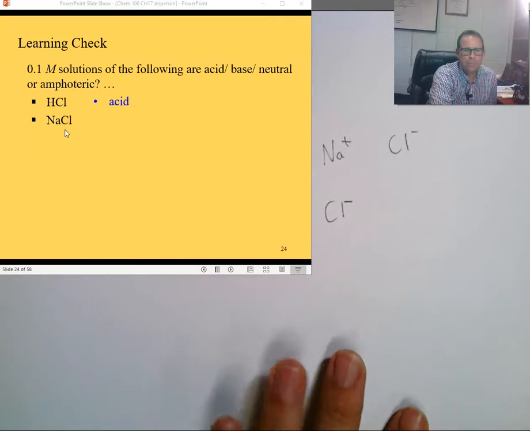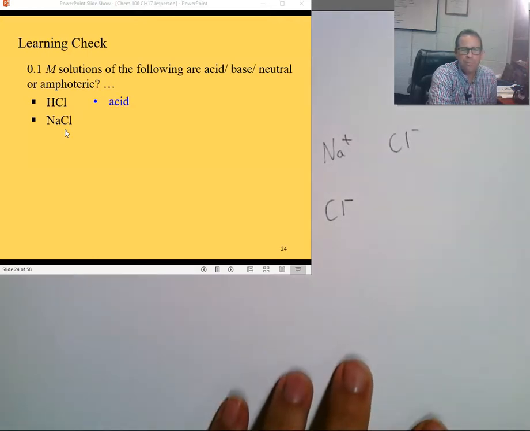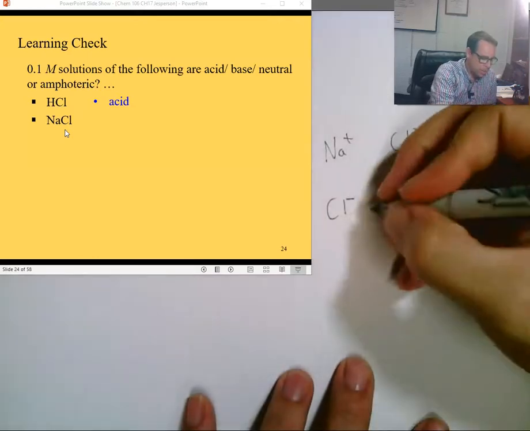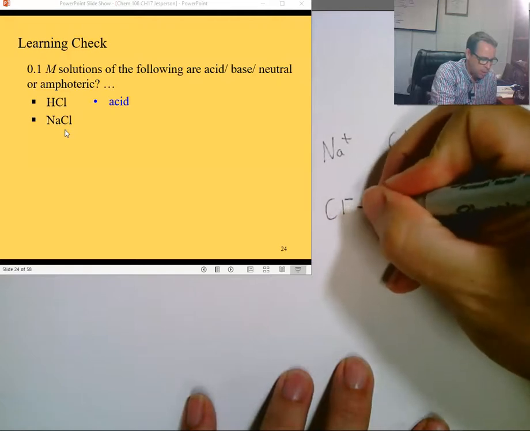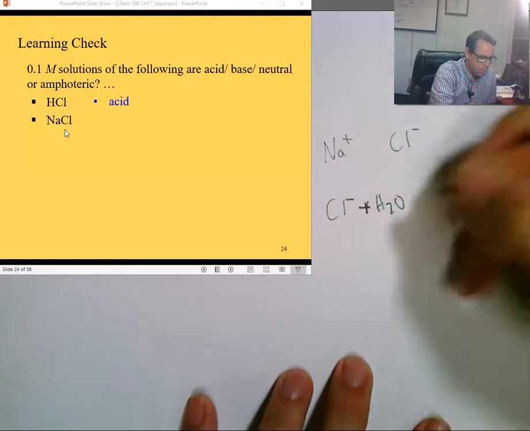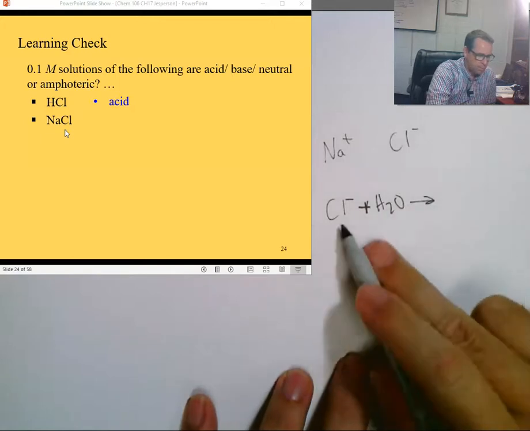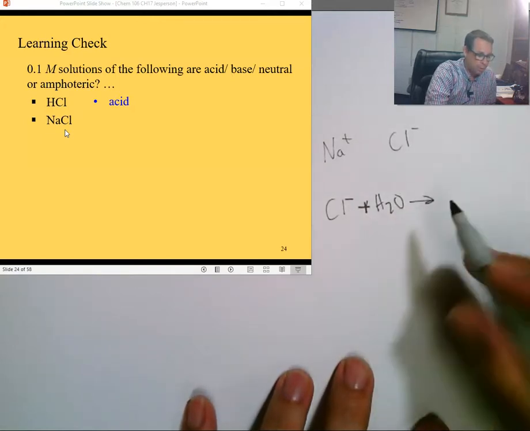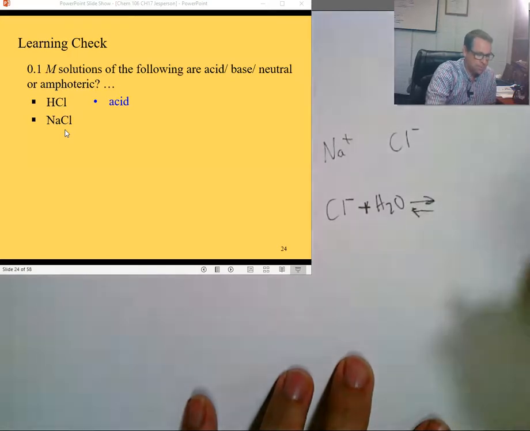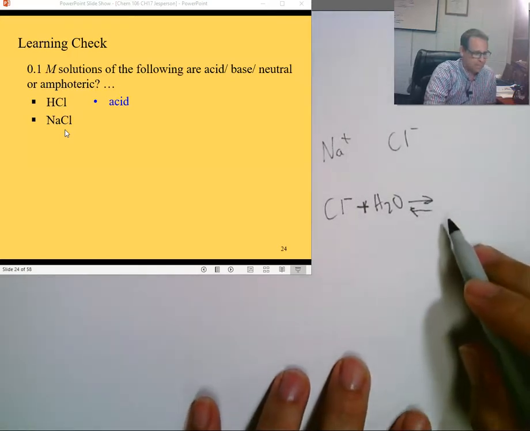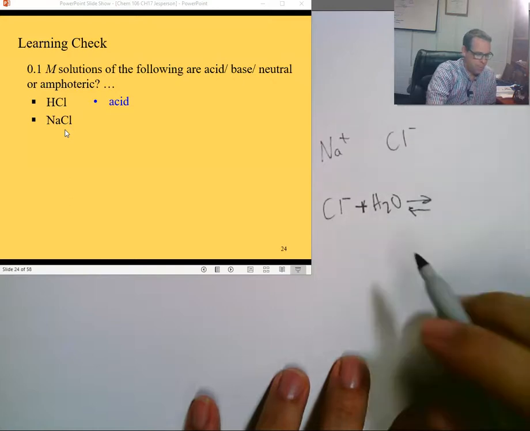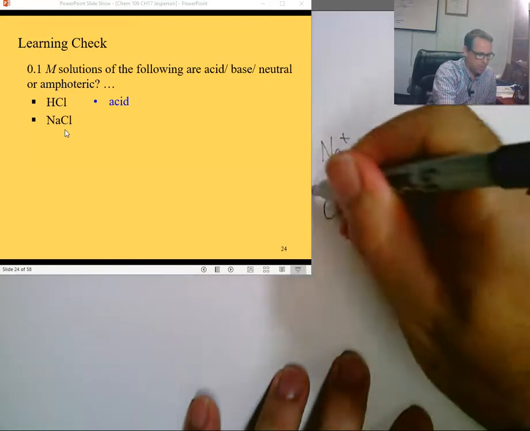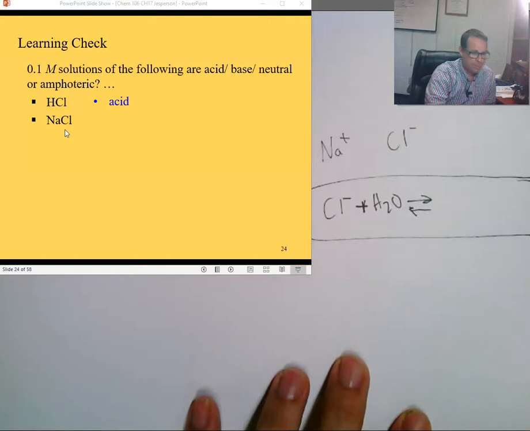Well, I'm going to say that it's going to react with the water. All right, that's right. If the chloride ion can react with the water and negative charge looks like it's probably going to pull that hydrogen off, what would be the products? Well, it's just this little bottom part here.